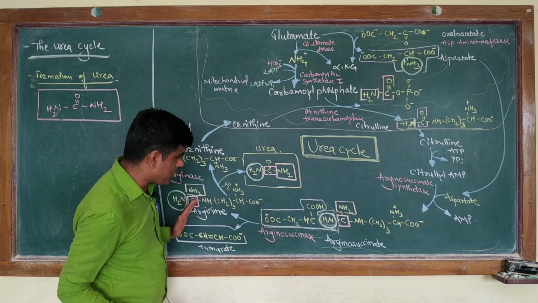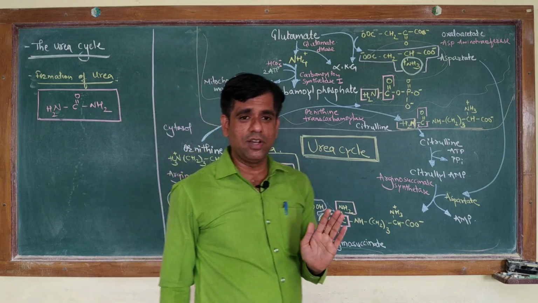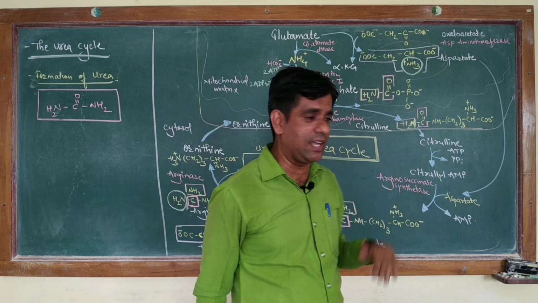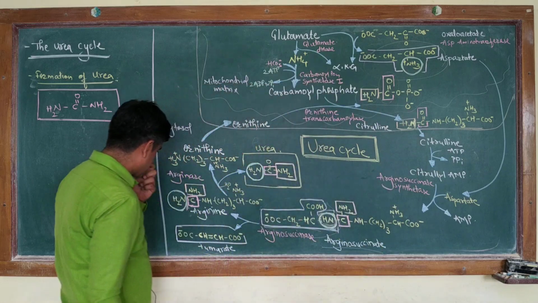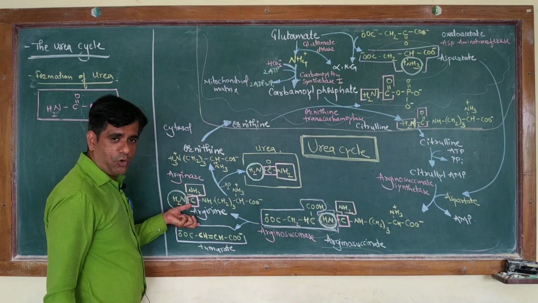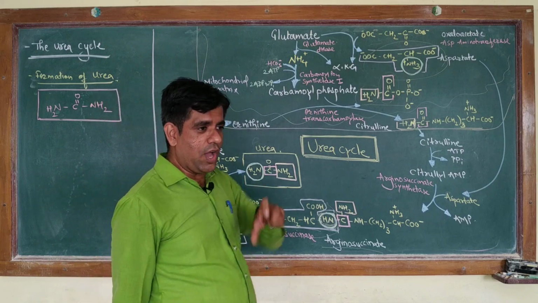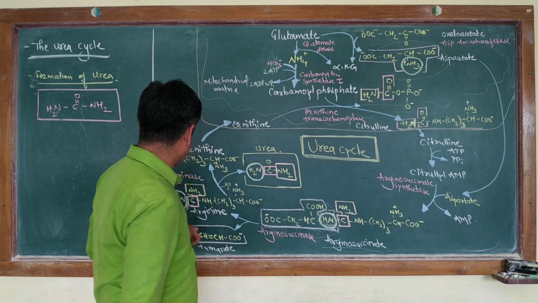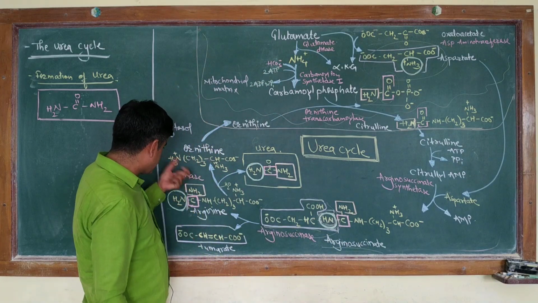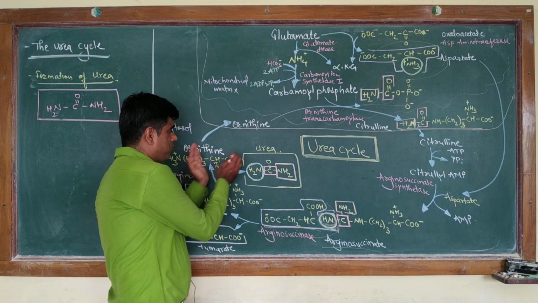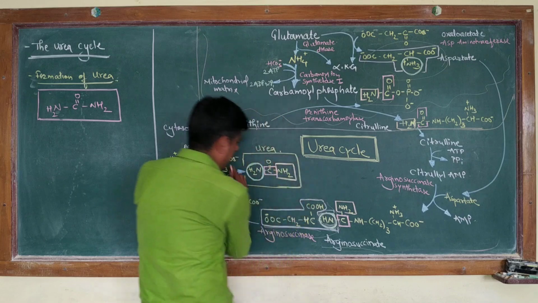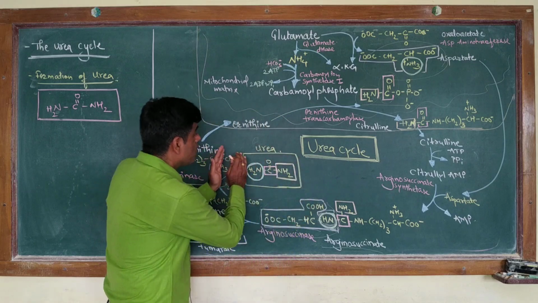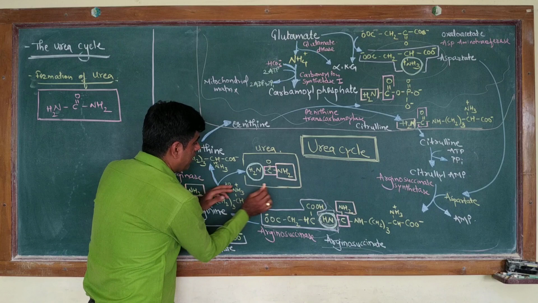Anyways, this fumarate has been removed, the carbon skeleton has been removed, and now you have formation of arginine. This step is the only reversible reaction that is catalyzed in this entire urea cycle. So this is the only reversible reaction here. So arginine is being formed, and then you have the key step, that is the formation of urea, being catalyzed by arginase. So arginase catalyzes the removal of this urea part. You can say it catalyzes the formation of this particular urea.